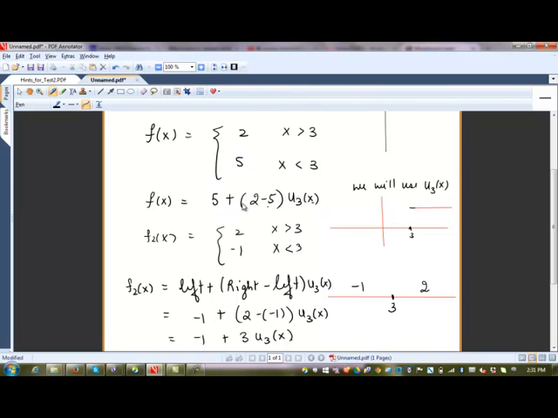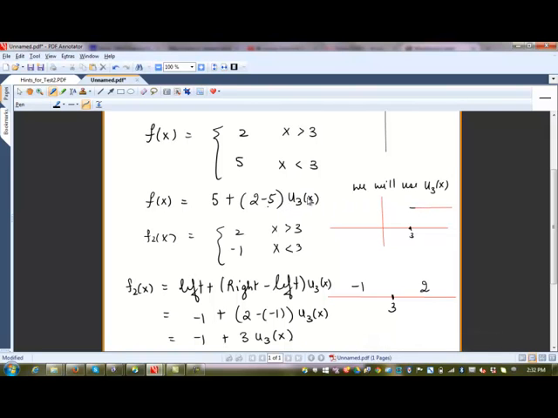Now whatever contribution is then left, you subtract that out. But what was our original u function? Because I think that's where we're confused. The original u function is, when x is bigger than 3, it's taking the value 1, like the step. The step is the original u3 function.